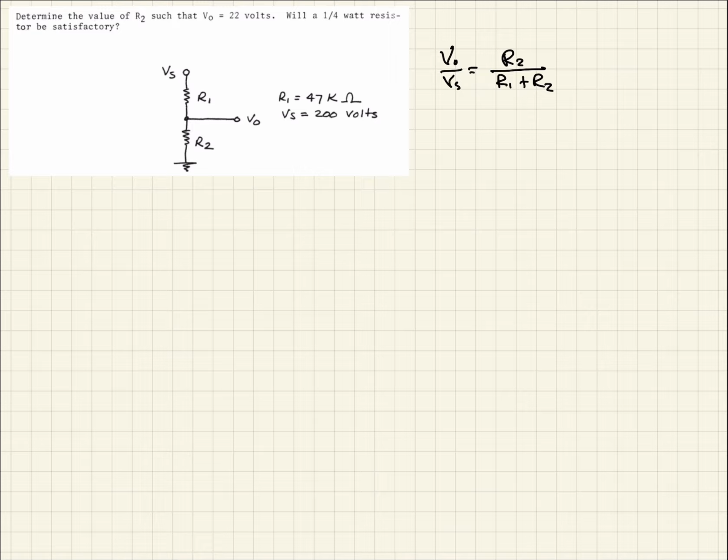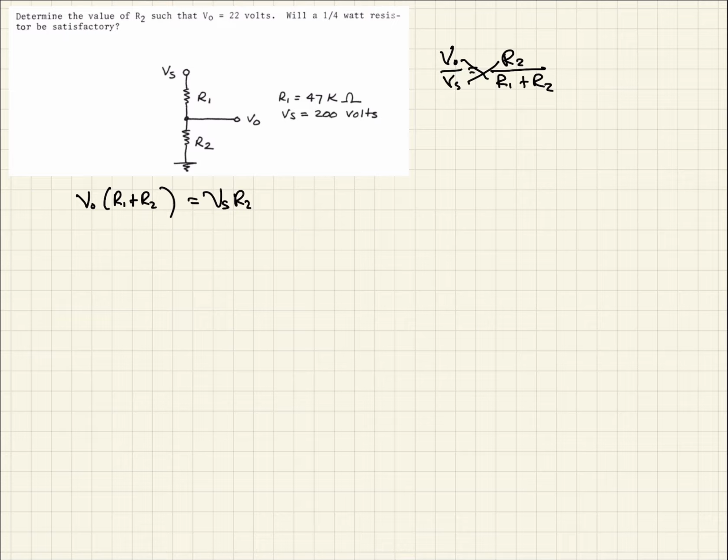In this case, we're going to cross multiply. The first term we would get would be V0 times (R1 plus R2). That should be equal to Vs times R2.